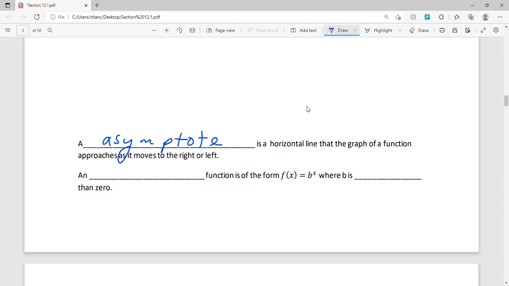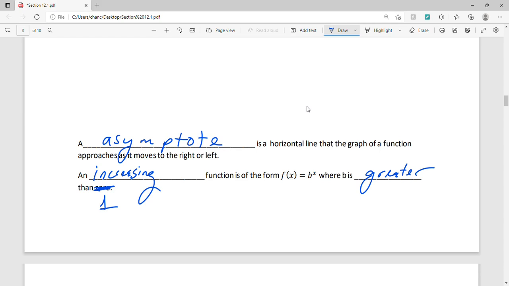An increasing function is of the form f of x equals b, where b is greater than 1. This is a typo. It's greater than 1 and not 0. So let's fix that on our notes.